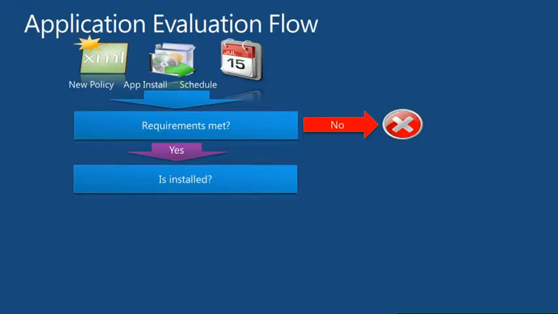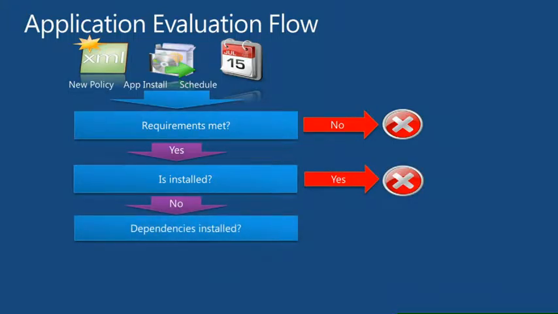If the requirement rules that you have set are not met, then there will be no installation happening. The admin gets an error code, and you can troubleshoot that. The next one is, if the requirements are met, is the application already installed on that box? Remember, I was talking about the state-based detection method. We are able to understand the state.